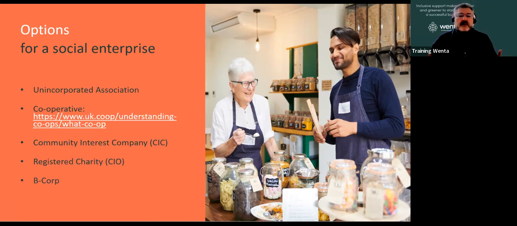But it would need to have adapted articles of association with a limited company to meet the UK legal requirement. That is a thing. And it will need a mission locked statement. While we're on the topic of locked, there's a nice segue into the next topic, which is asset lock for CICs. Okay, so they're your options.